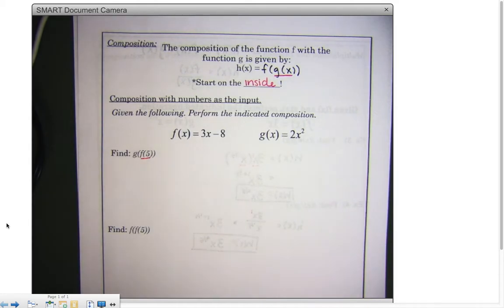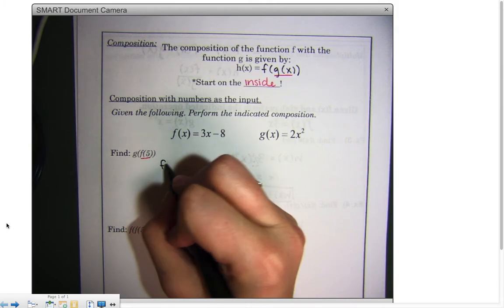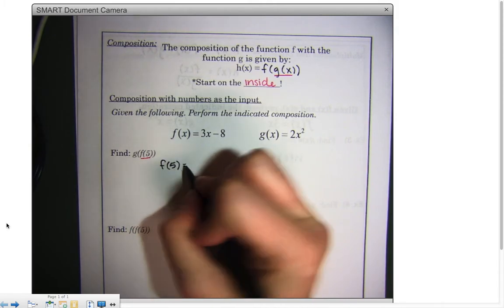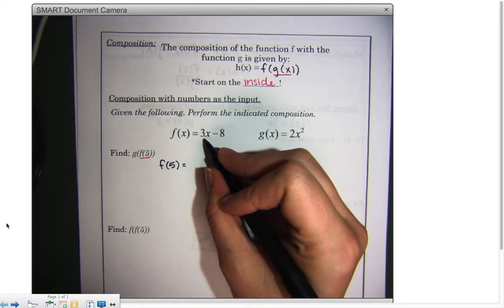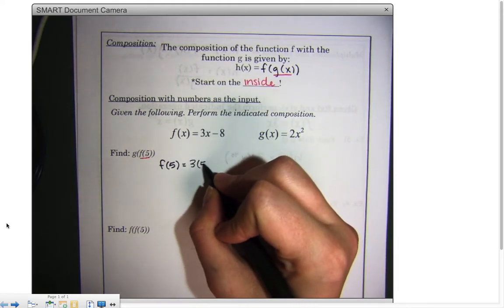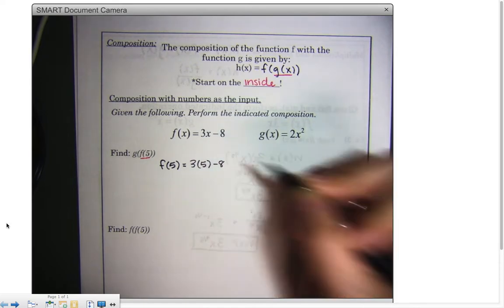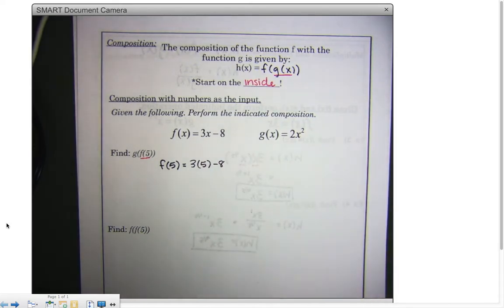So we're starting on the inside. So first I'm going to do f of 5. Everywhere I see an x, I'm going to replace it with a 5 into my f function. So 3 times 5 minus 8. 15 minus 8 is 7.